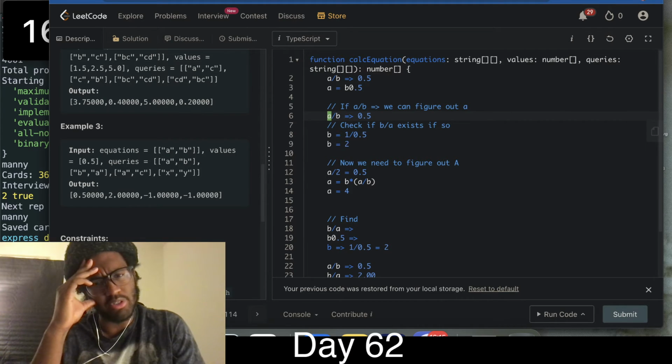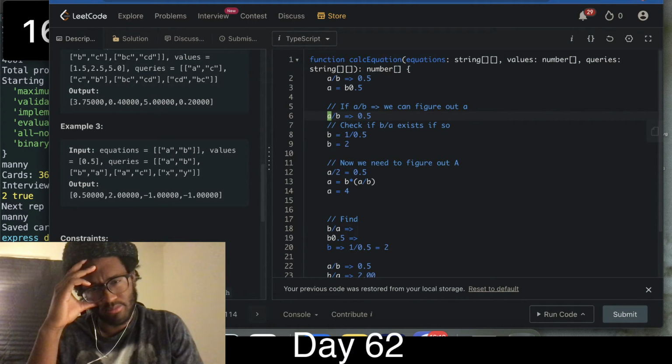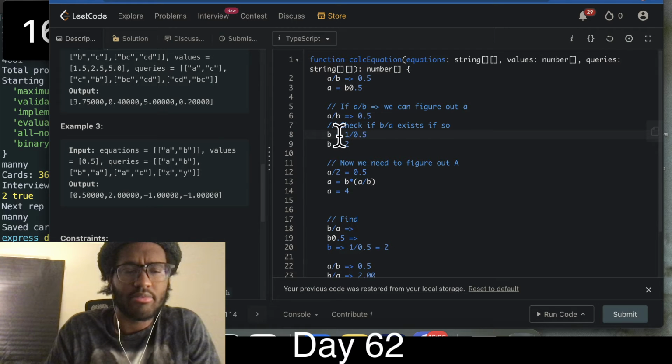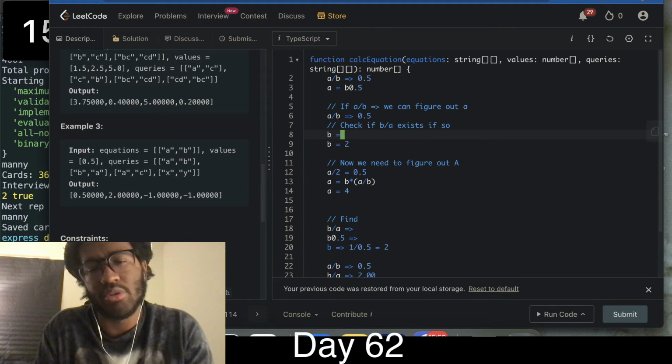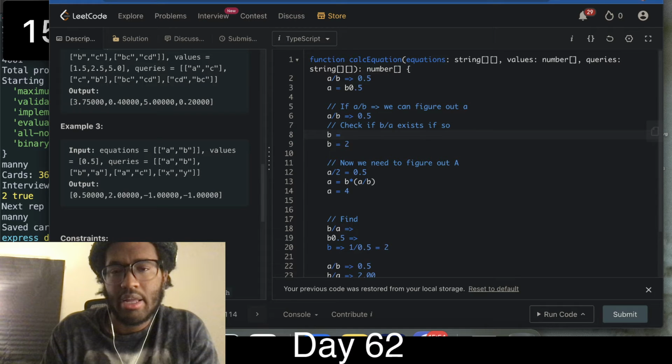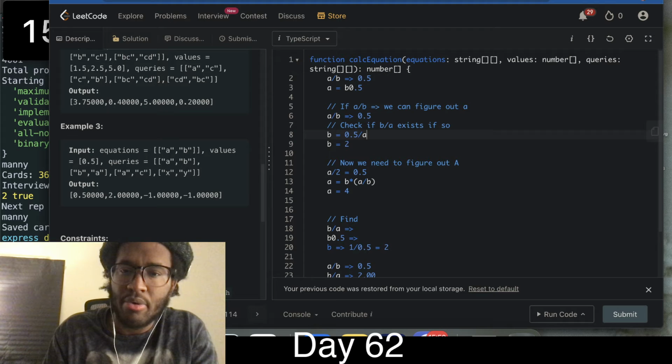A over b equals 0.5. B over a does exist, right? If that's the case, then we can set it equal to 0.5 over a.